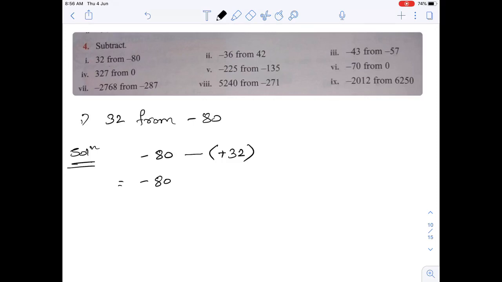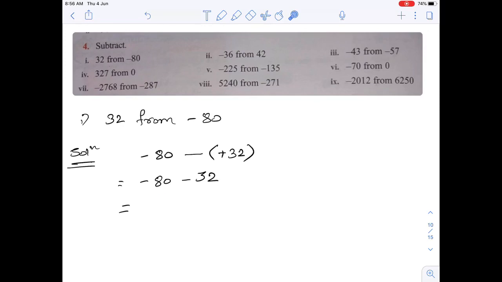It can be seen that now these two signs are following each other, one after another. Since they are opposite signs, which sign do we prefer? We write it as minus. The next number is 32. Now you have to look at the numbers. Now there is no condition, directly we have numbers.